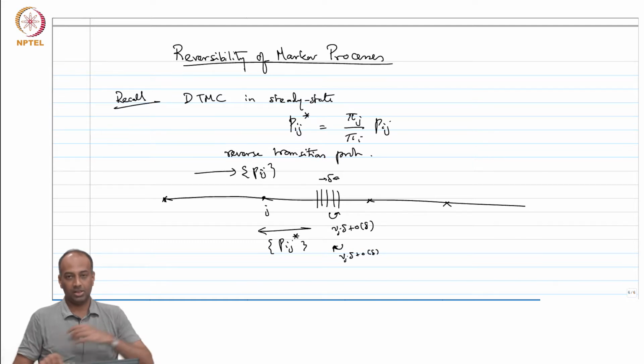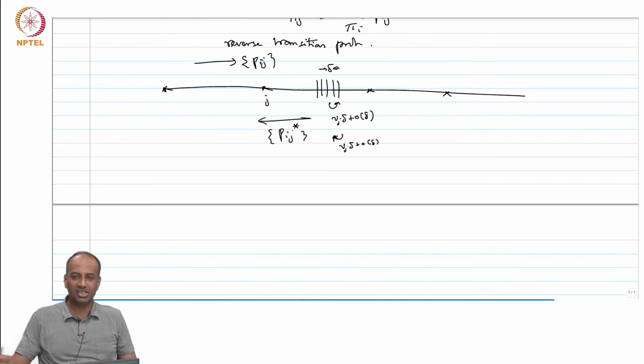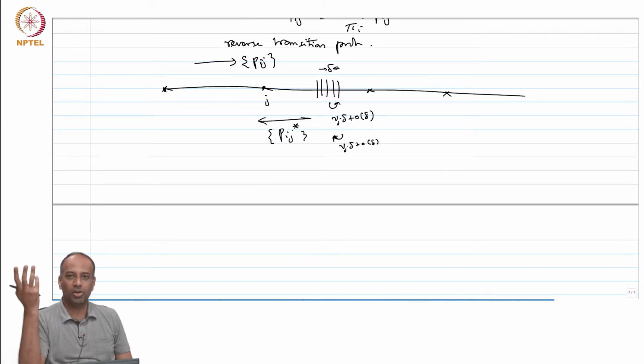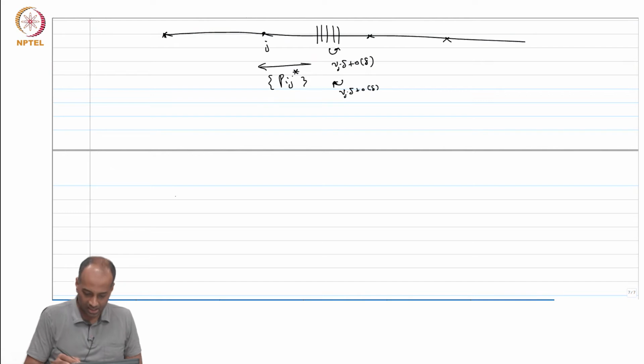In reverse time, the embedded DTMC has transition probabilities p_ij star, given on your screen, and holding times continue to be the nu j's corresponding to those states. Of course, just like in the discrete world, p_j, which is pi j over nu j divided by the sum over k of pi k over nu k, remains the same for the forward process as well as the reverse process. Now, what about the reverse rates?